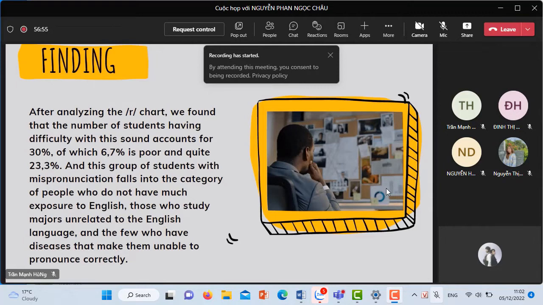This group of students with mispronunciation falls into the categories of people who do not have much exposure to English, who study majors unrelated to the English language, and the few who have a disease that makes them unable to pronounce correctly.